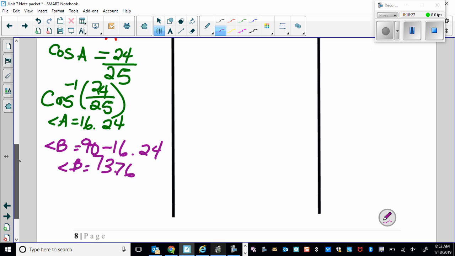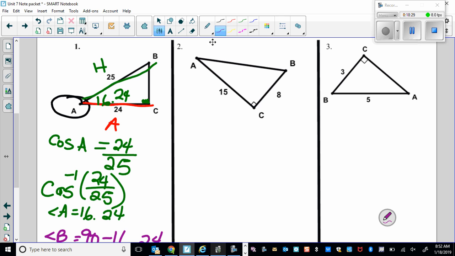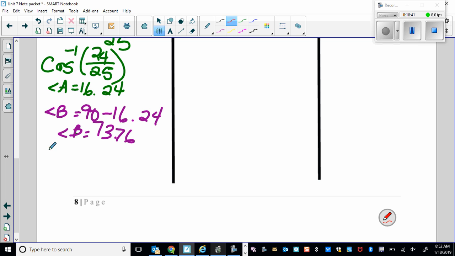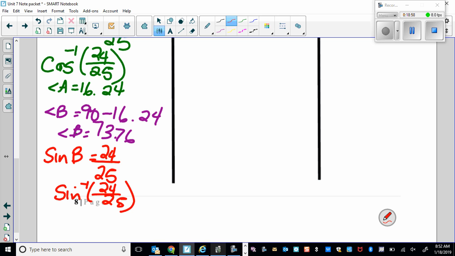Okay, let's say you don't want to do it that way. You want to continue with your trig ratio, you can, but now your point of view changes, right? So you have B. So for B, this becomes the opposite side. The hypotenuse stays there. So I can do sine B. Opposite is what? 24. Hypotenuse is 25. So I'll take the inverse function of 24 over 25. So this is a proof to show you that it's going to equal the same thing.